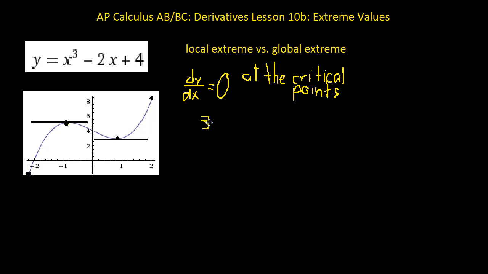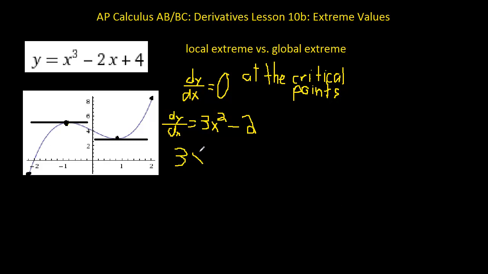The derivative of our example here, you should already be able to do pretty easily if you've made it this far, is 3x squared minus 2. 4 goes away. So now this is the derivative for the overall function. So to find these critical points, we're going to set it to 0.